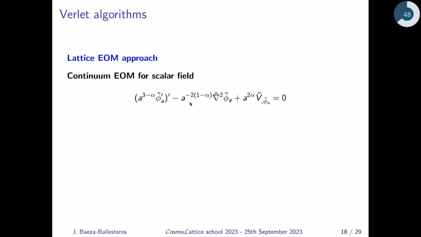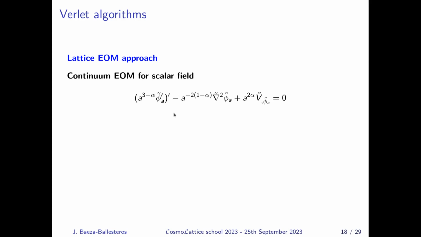And so it's possible to rewrite the equation of motion for the scalar field in this way. So we are putting together the time derivative of the scalar field and the scale factor in this way. So the second derivative and the Hubble term and the friction term, they are getting together into this single term.